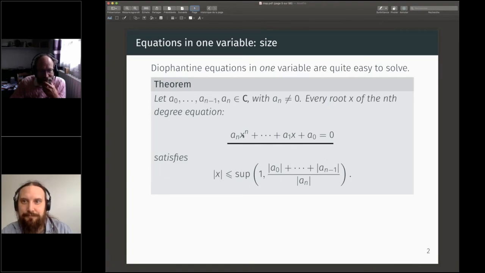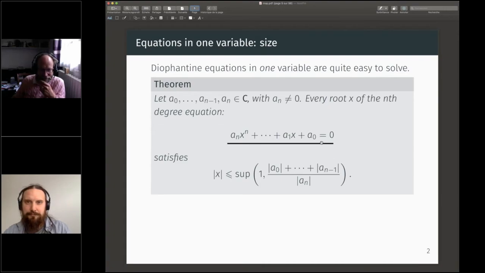Why this bound is not so good is because you see that A1 appears just multiplied by x, but AN appears multiplied by xN. So one would like to weight the coefficients according to their position. But except for that, it's not the best bound, and it's hard to get a very good bound.